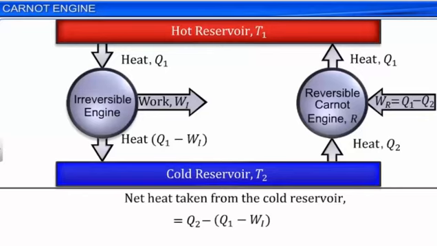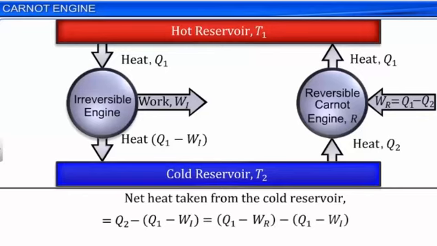Note that the coupled system has received Q1 heat from the hot reservoir and has returned the same heat to the hot reservoir. This means the coupled system is able to extract net heat from the cold reservoir and convert it completely into work.